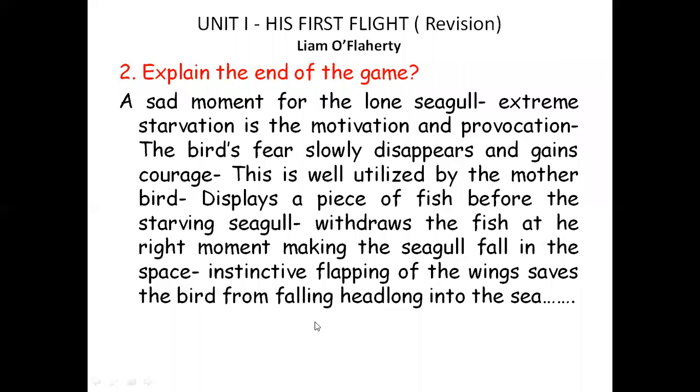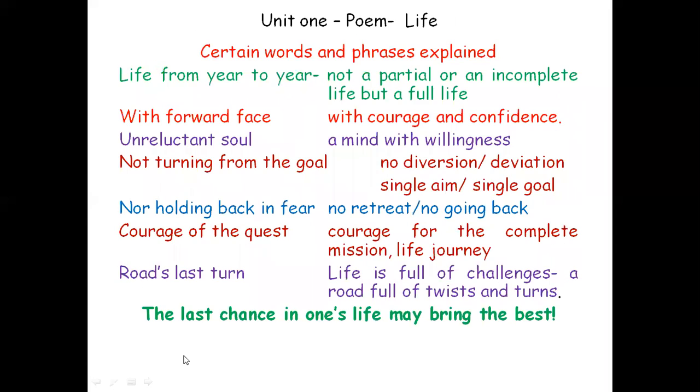The bird spreads its wings, and the instinctive flapping of the wings saves the bird from falling headlong into the sea. These hints can be developed by way of answer to the second part of the story. The story can be divided into only two parts: number one, number two. That's all.